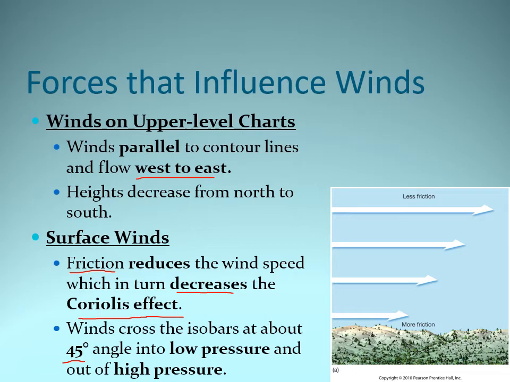We could get as low as 30 if we have smoother terrain. It still wants to go from high to low, and it's not perpendicular like we had with just pressure gradient force. It's not parallel like when we just had pressure gradient force and Coriolis. If we have all three, then the winds are crossing the isobars from high to low, but at a 45-degree angle, roughly.